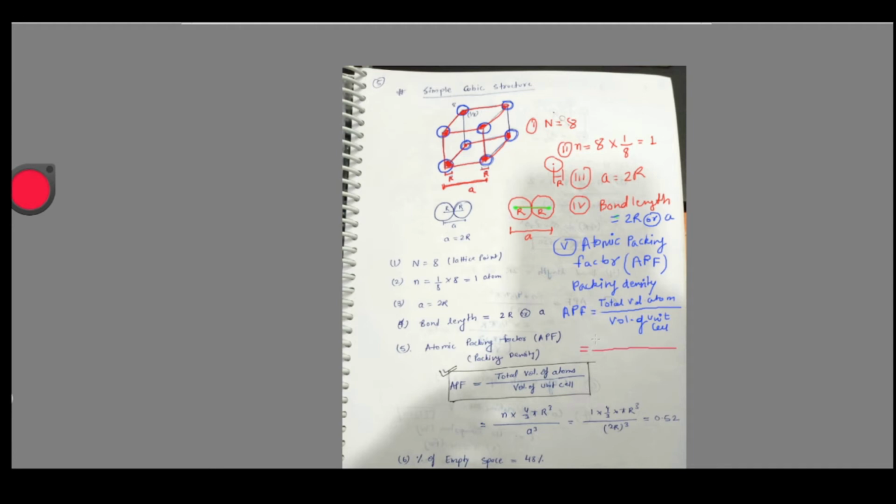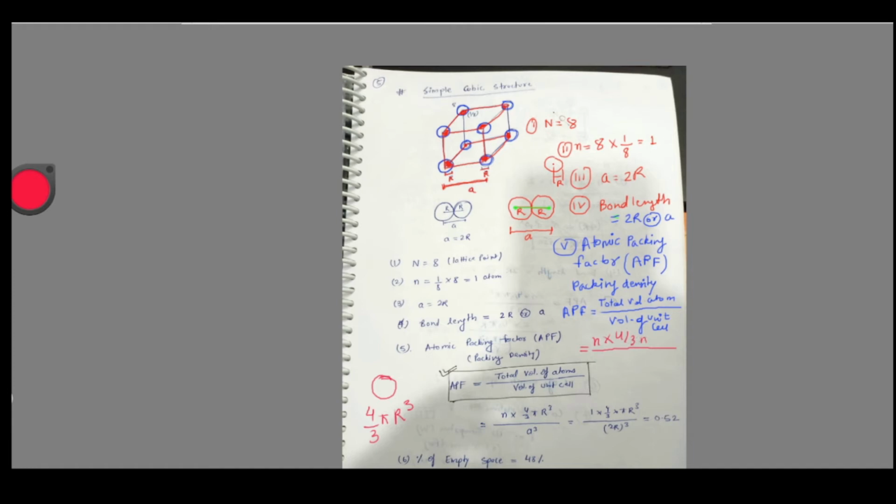So the total number of atoms here is n, the number of atoms in the simple cubic structure. The volume of one atom, it is a spherical shape, so the volume of one sphere will be 4/3 pi r cube.